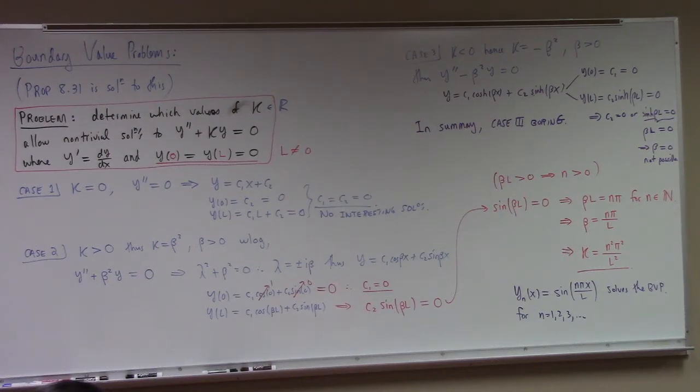But whether or not k could be positive or negative, that depends on the boundary values. Like, we can change this problem a little bit, and there'll be a different answer. Let me see here, I'll show you.